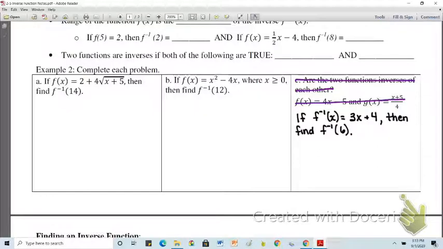So if f of x equals 2 plus 4 square roots of x plus 5, then find f to the negative 1 of 14. So if I give you f of x and I ask you to evaluate f to the negative 1 of x, you will plug that in for y.